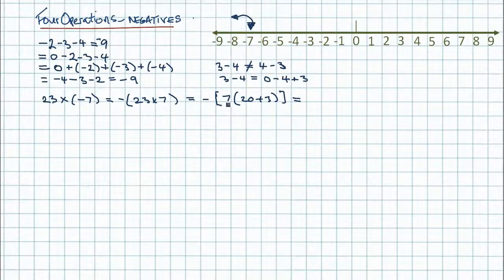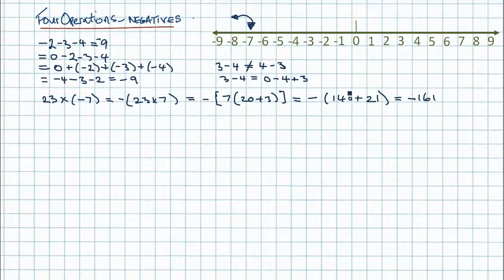So we've got 7 times 20, let's put our negative sign in first, because we know this is going to be way down here in the negatives. So 7 times 20 is 140. 140 plus 7 times 3, or 3 times 7, well, that's 21. So we've got negative 140 plus 21 gives us negative 161.